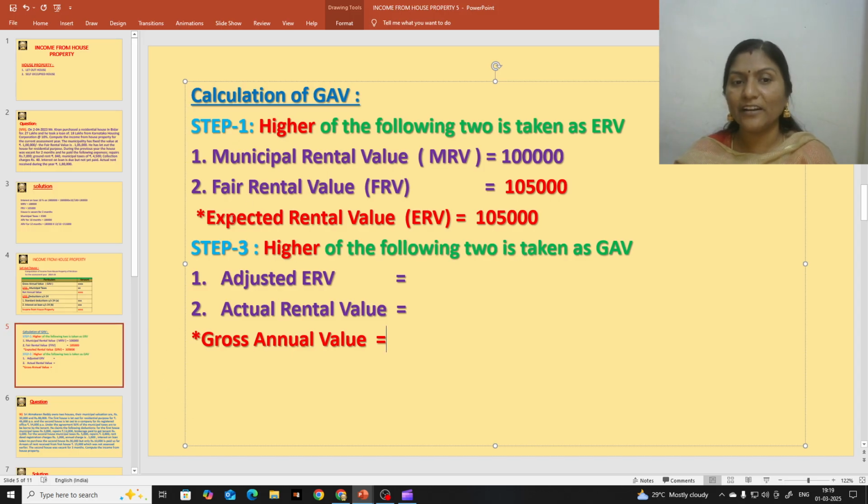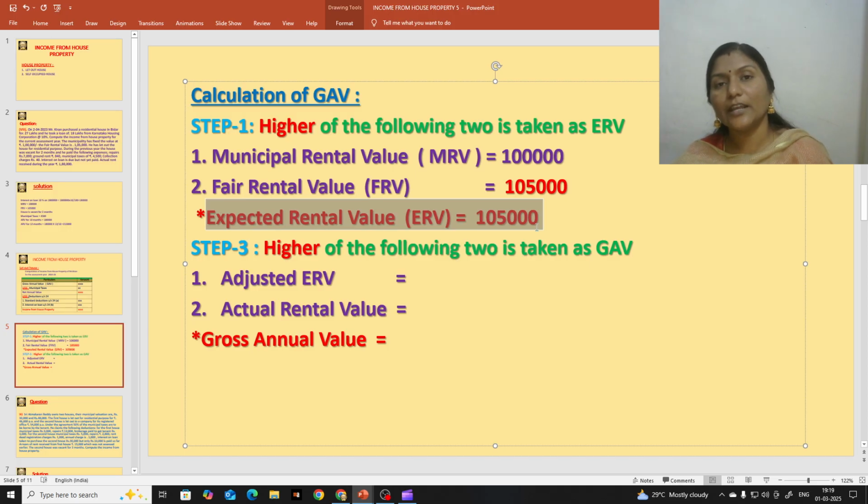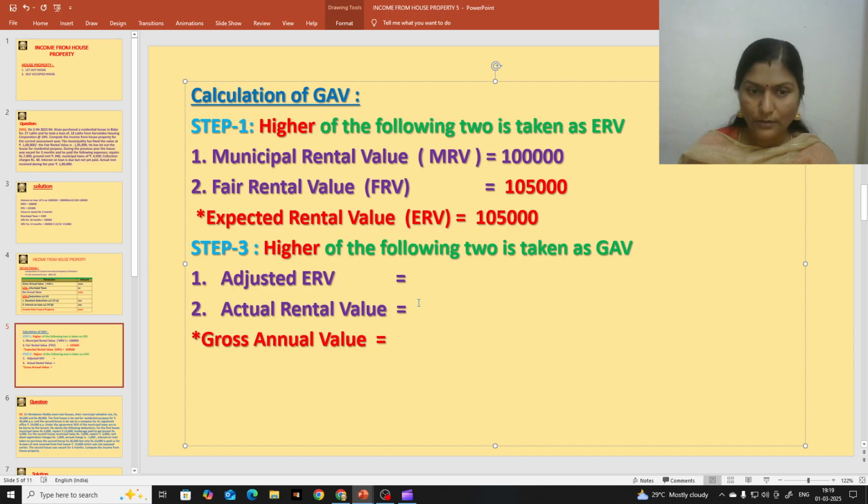So we are going to take the step 1 answer, that is ERV. So we are going to take ERV here in the third step in the first place. That is ERV, expected rental value.